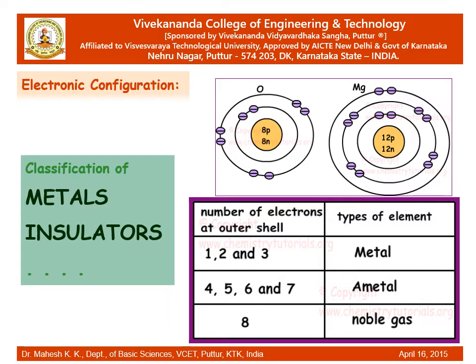Based on the number of electrons in the outermost shell, we can classify the elements as metals, which have 1 to 3 electrons in the outer shell, metalloids, which have roughly 4 to 7, and noble gases, which have 8. Here we are just considering a very small number of the elements at the very beginning of the periodic table.